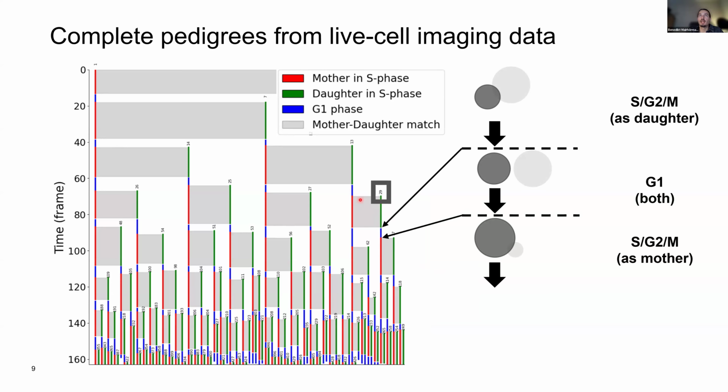First of all, we have an SG2M phase where the cell itself was a bud at the beginning and growing, still connected to the mother cell. Then we have cell division. We have 2 G1 phases, one of the daughter, one of the mother cell. And then we have this next SG2M entry, where the previous daughter cell now becomes a mother cell itself.